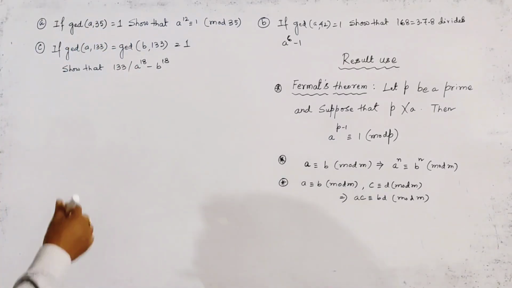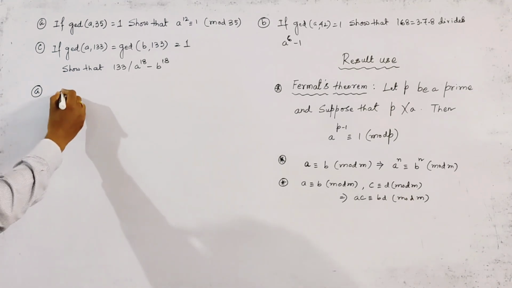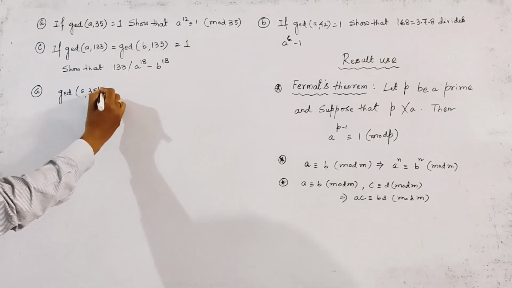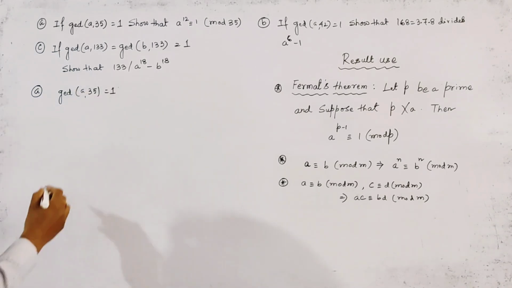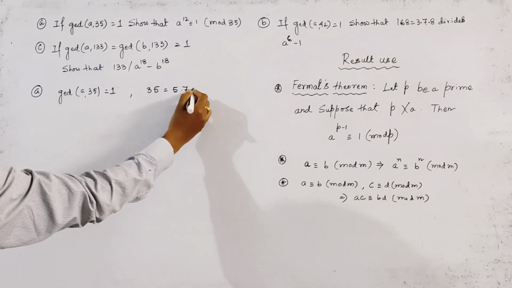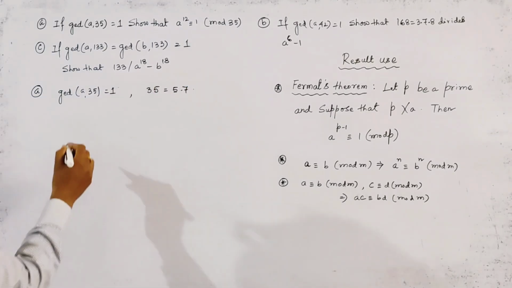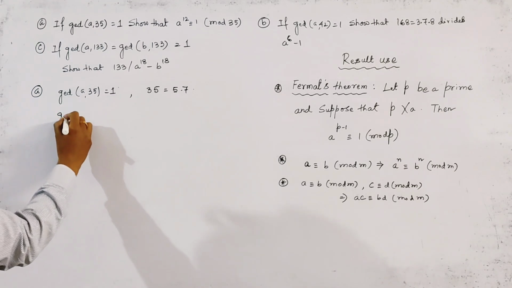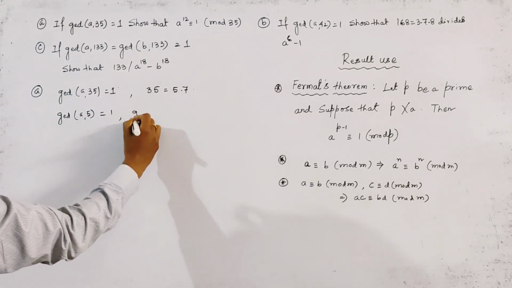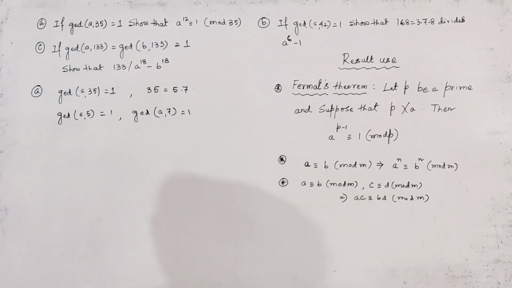Now we start with problem A. Since GCD of A and 35 is equal to 1, and 35 is equal to 5 times 7, where 5 and 7 are both prime, we can write GCD of A and 5 is equal to 1, and GCD of A and 7 is equal to 1.